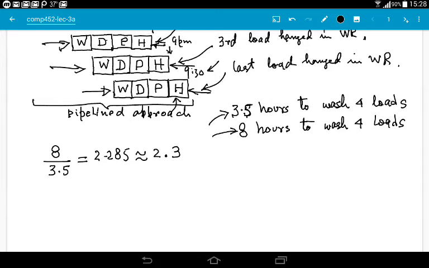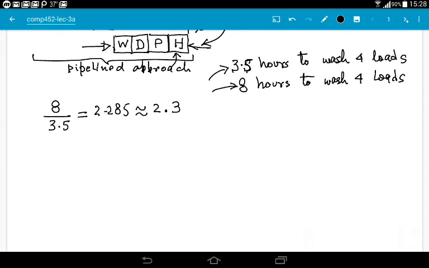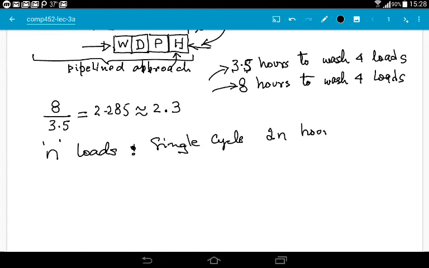Okay, now let's try to generalize it. Let's assume that we have a very large number of loads. We have n loads. So if we have n loads, single cycle operation will take 2n hours.